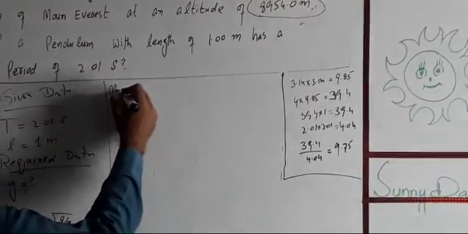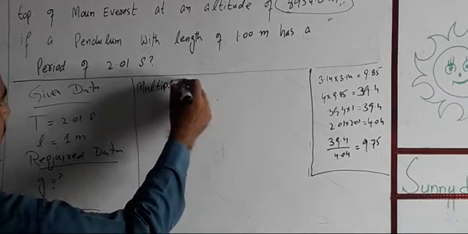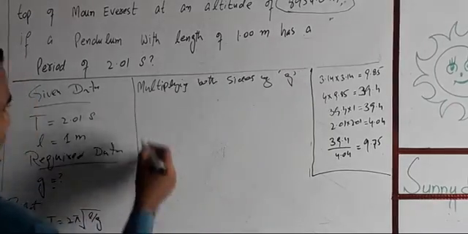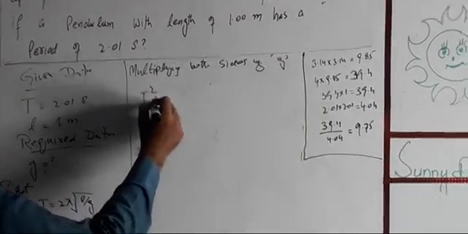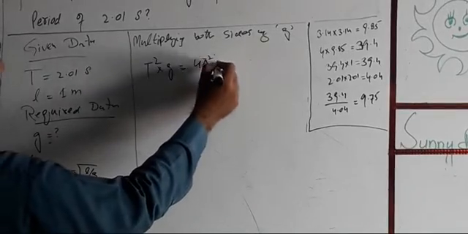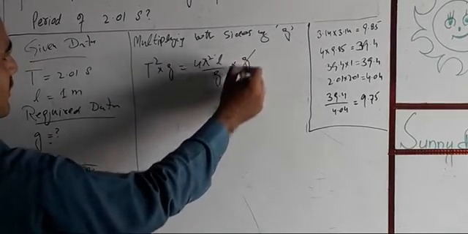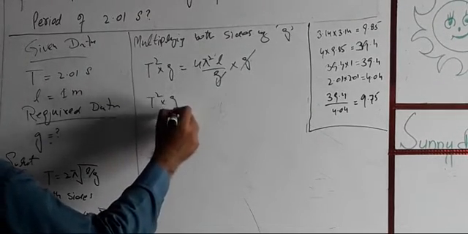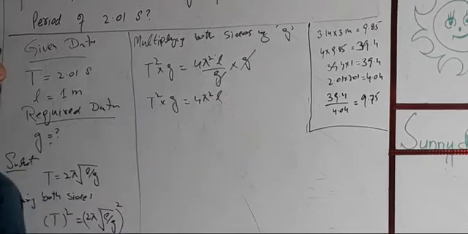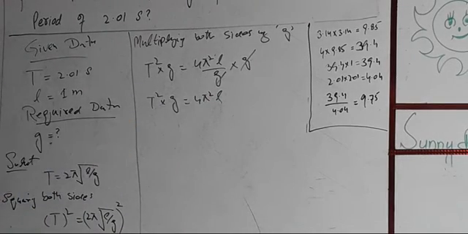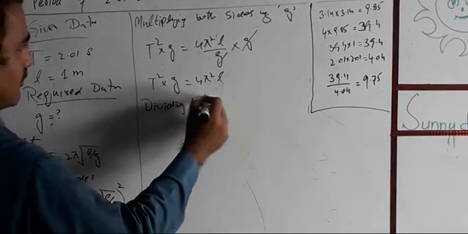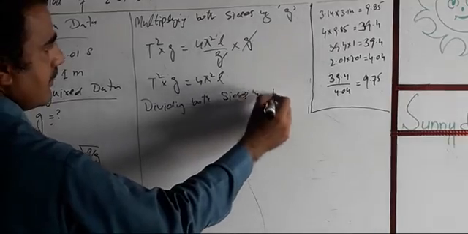Multiplying both sides by g, I will write T square multiply g equal to 4 pi square L divided by g multiply g. g will cancel with g, while here T square multiply g is equal to 4 pi square L. Now to eliminate this T square, I will divide both sides by T square.